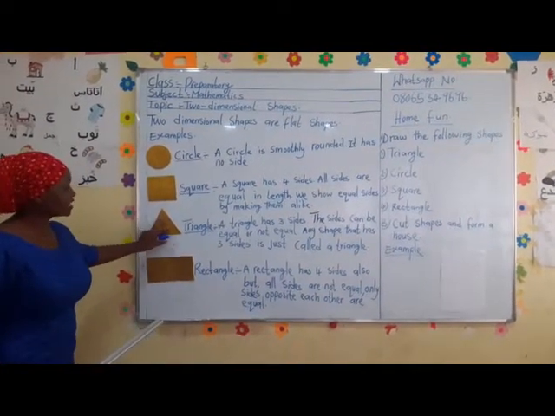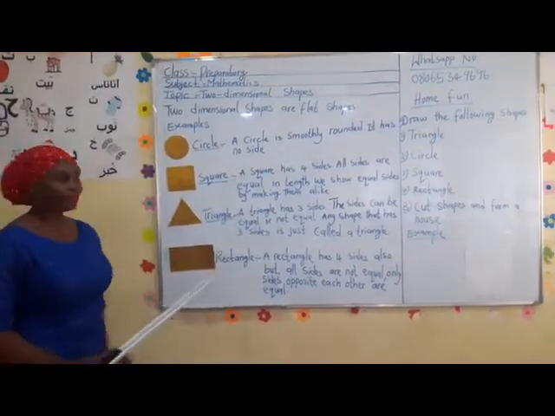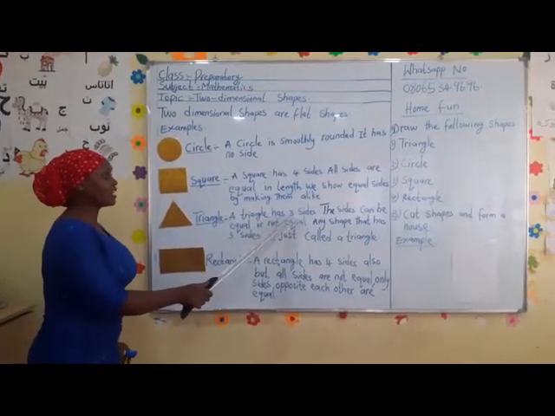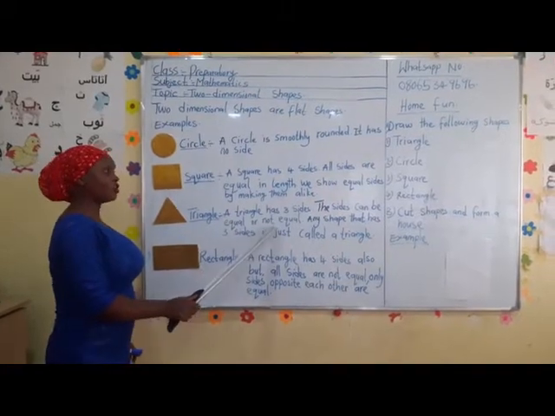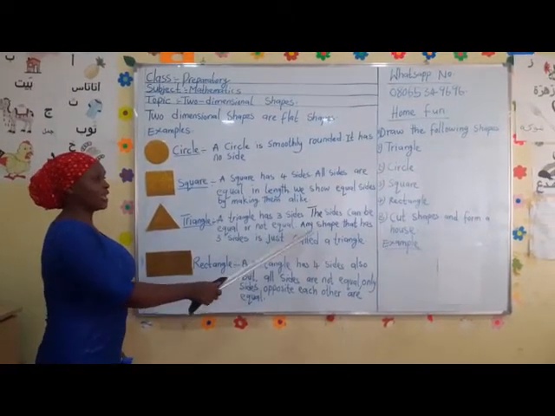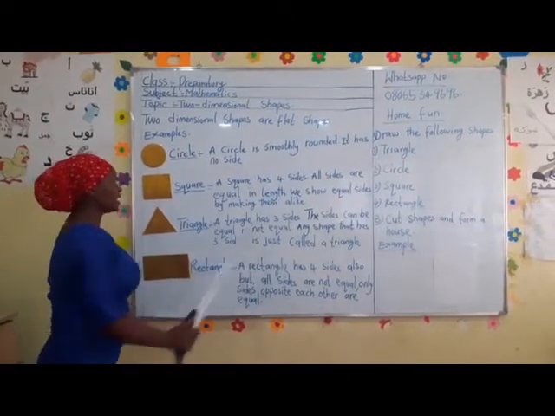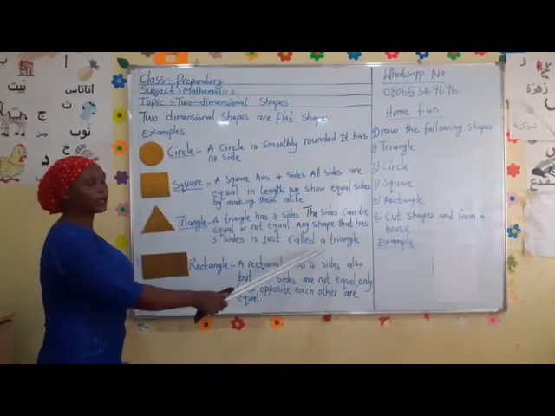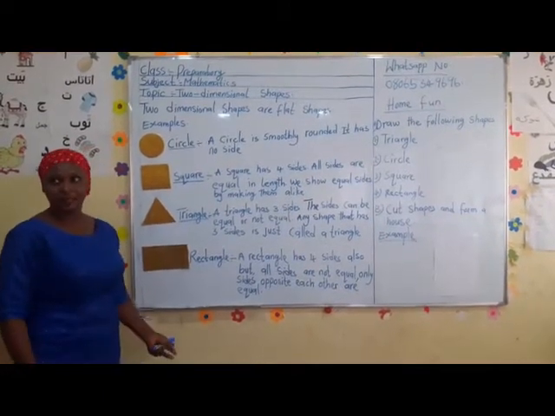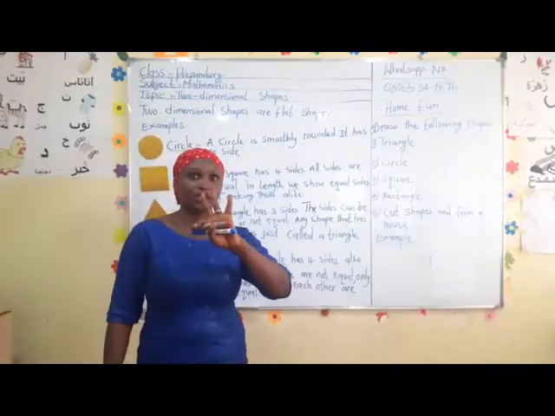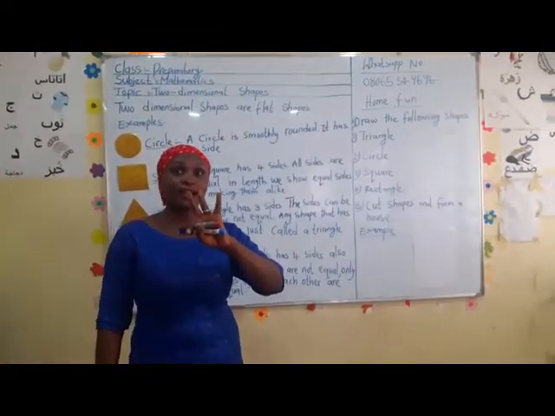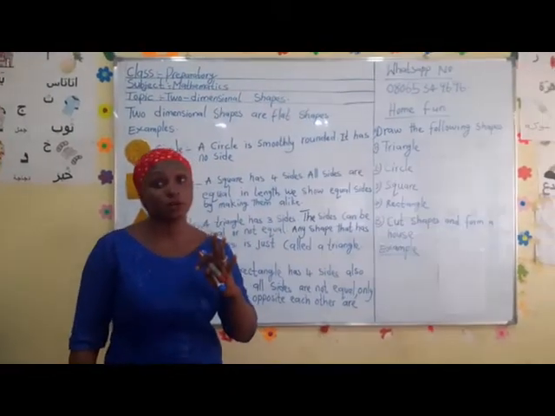The next one is the triangle. A triangle has 3 sides. The sides can be equal or not equal. Any shape that has 3 sides is just called a triangle. A triangle has only 3 sides, and they can be equal or sometimes not equal.